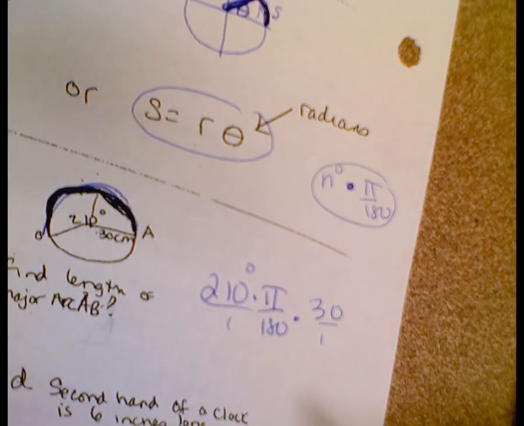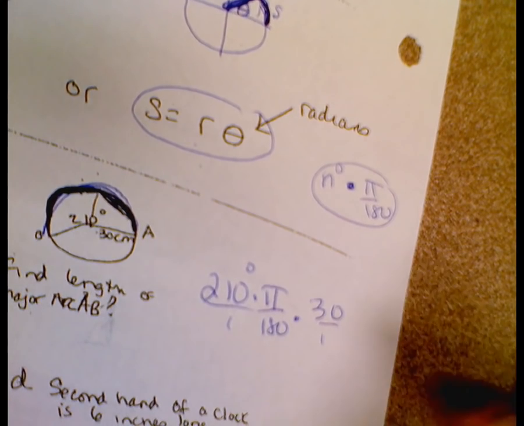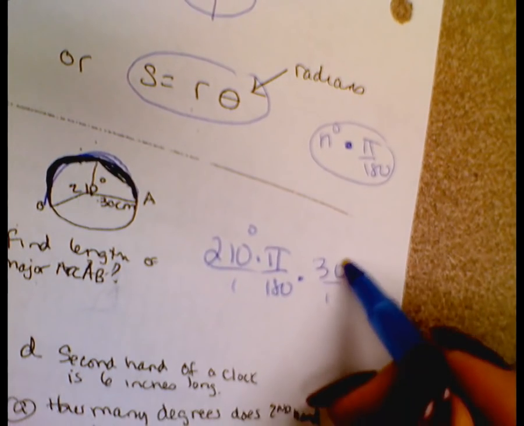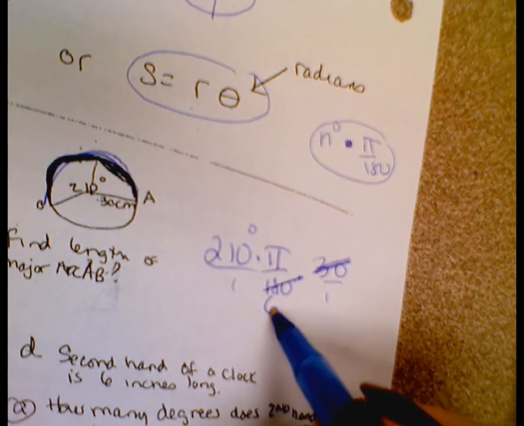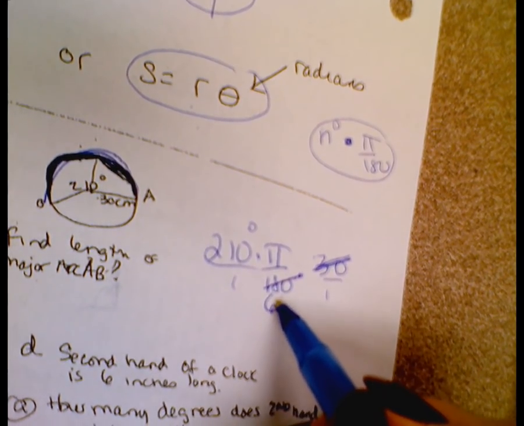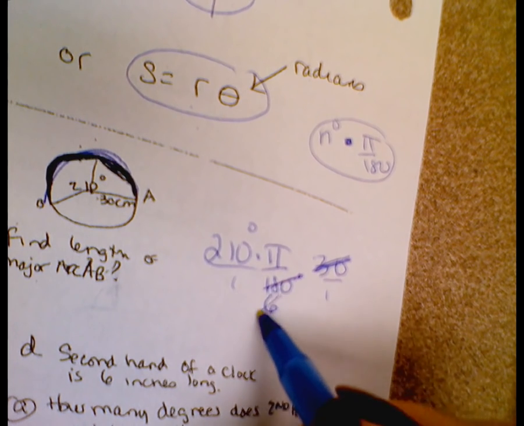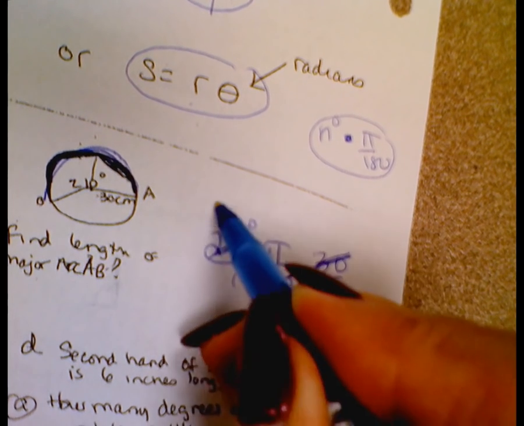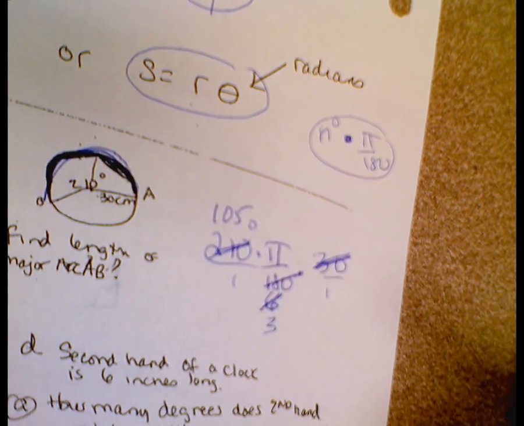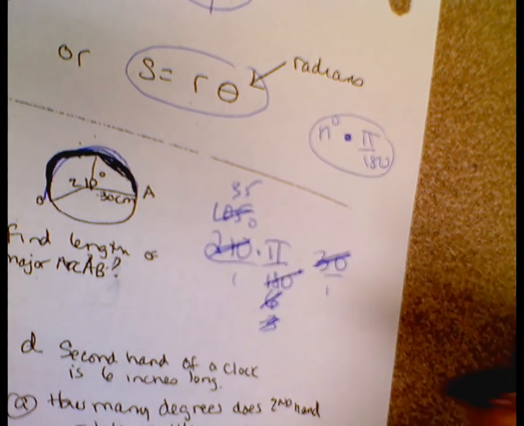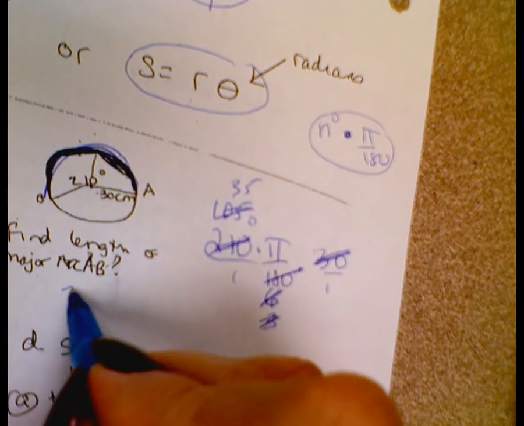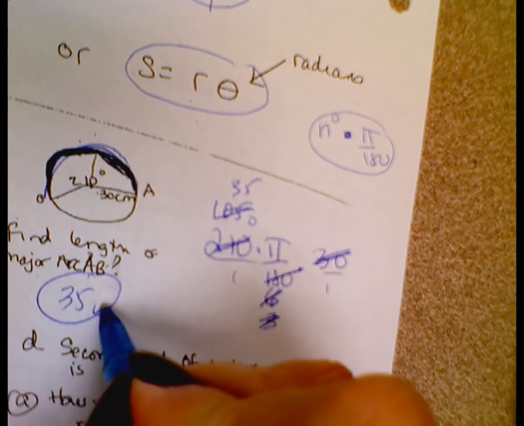It's easier to do on the calculator, but 30 goes into 180 6 times, 2 goes into this 3 times, 2 goes into 210 105 times, and 3 goes into 105 35 times. So that means it's 35 units.